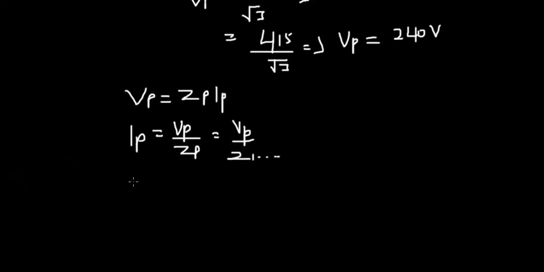The first one is IP1, equal to VP, which is 240, divided by our first impedance Z1. Z1 is 8 plus j0.